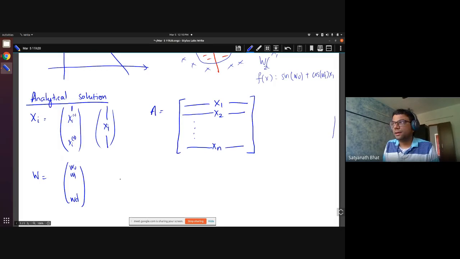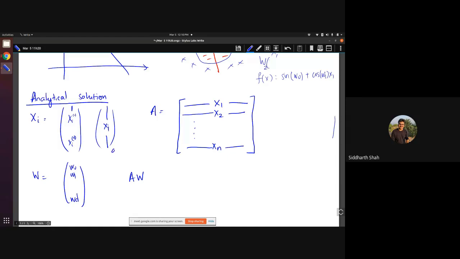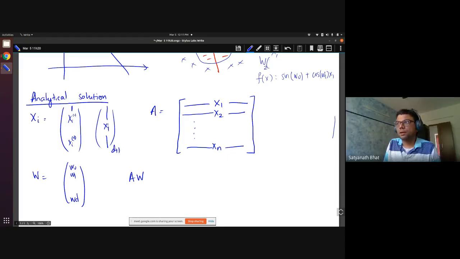If I do Aw, what do I get? First of all, let's understand the dimensions of each of these matrices. What is the dimension of xi? D plus 1 rows and 1 column.